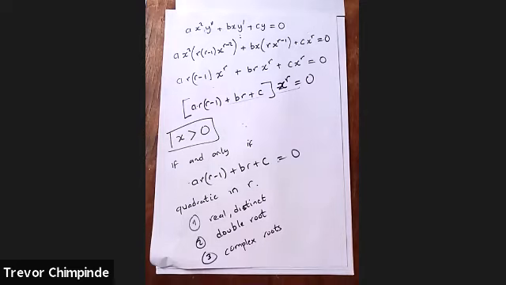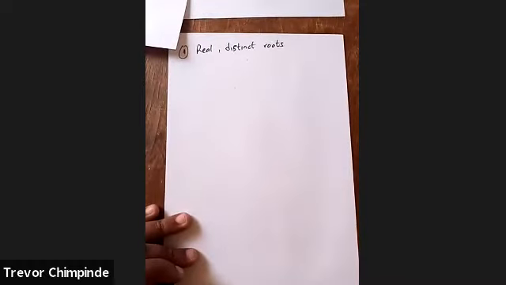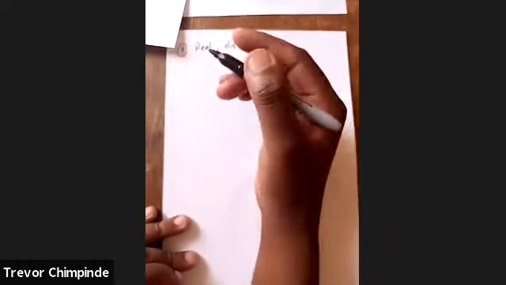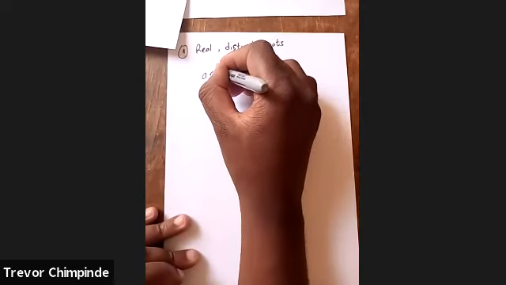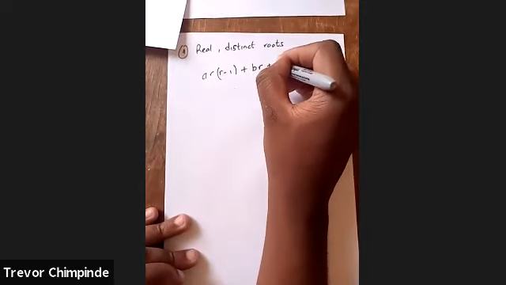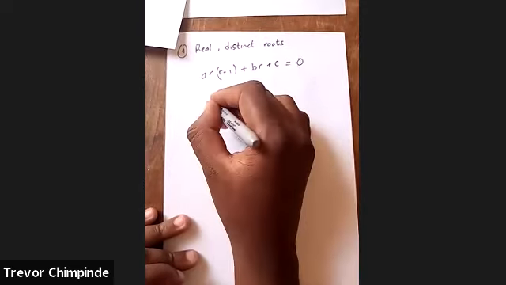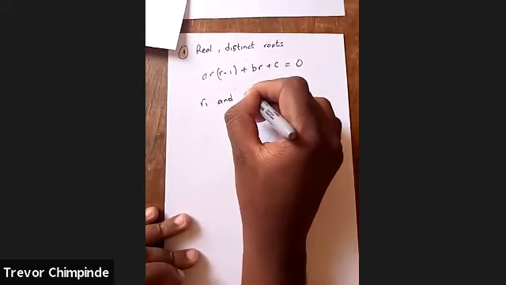Okay. So I was saying, real and distinct roots. What happens? You solve the equation, and what was the equation? It's a r (r minus 1) plus b r plus c is equal to 0. You solve it, you get two real solutions, say r1 and r2.